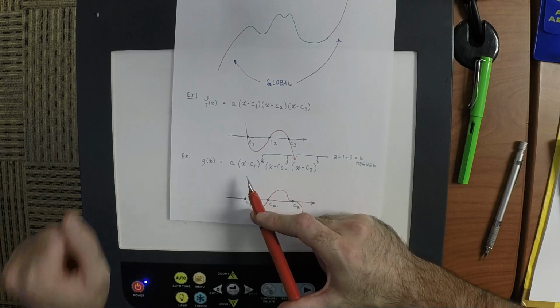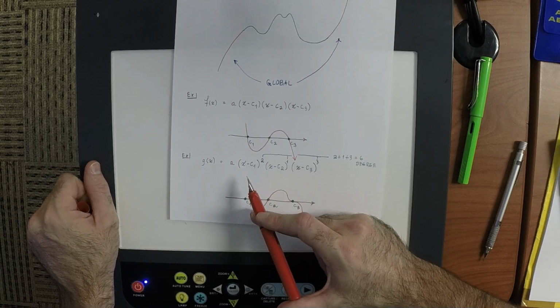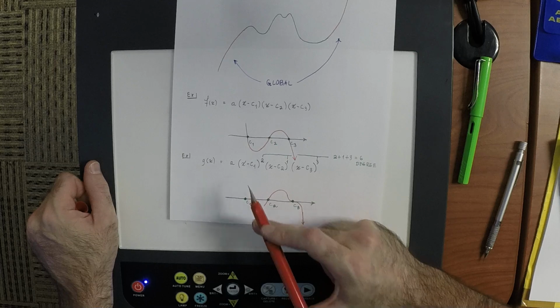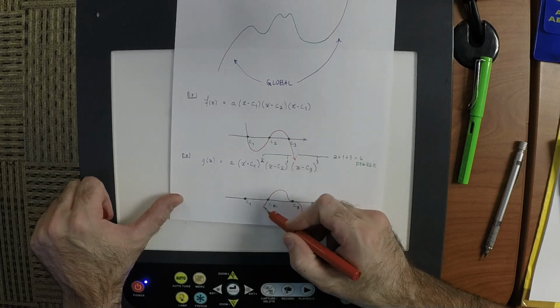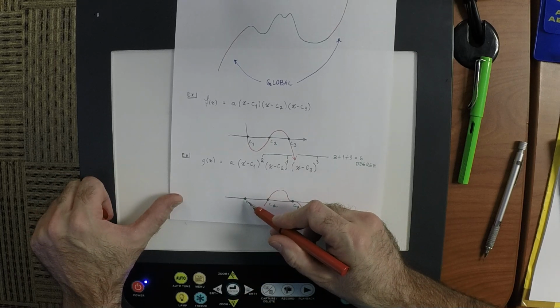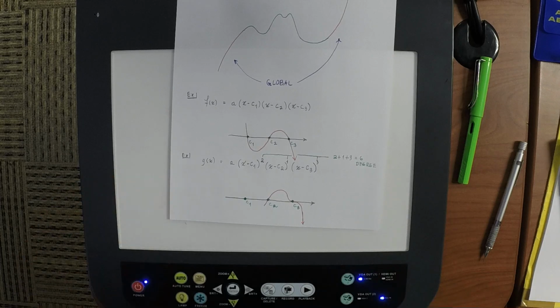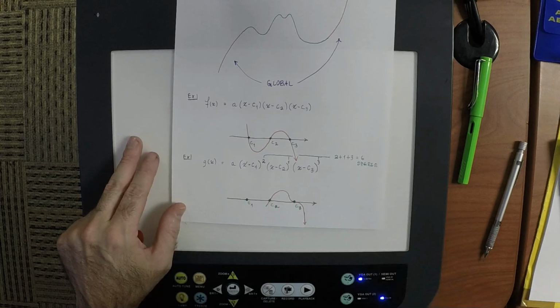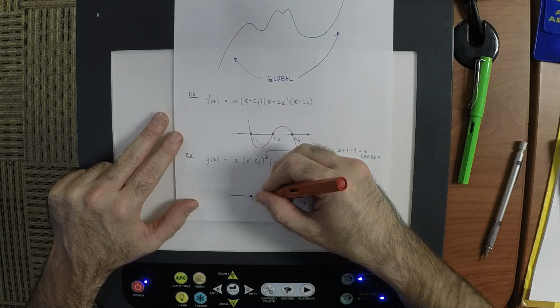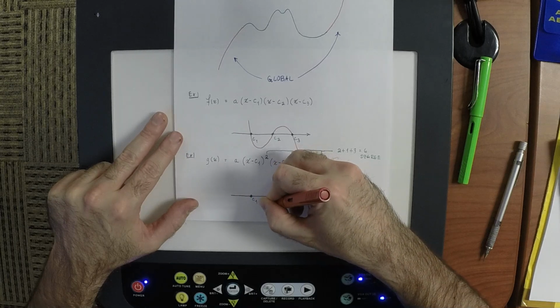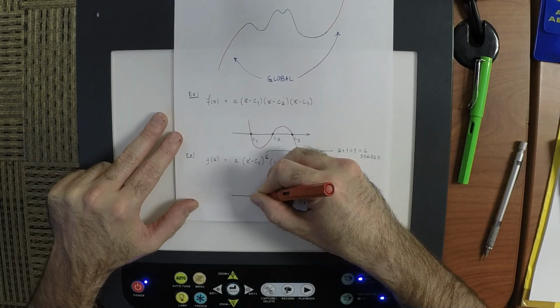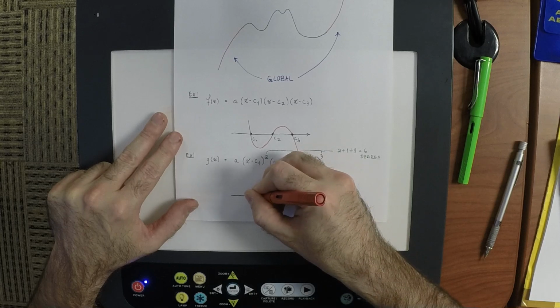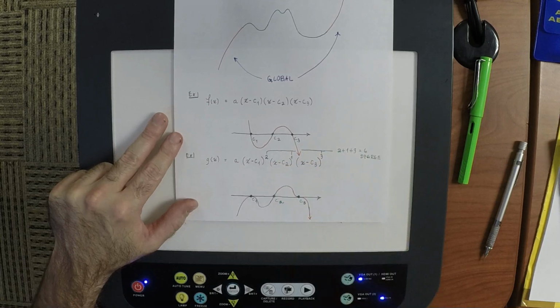Degree 2. And what do degree 2 polynomials look like? Like parabolas. So we're going to have to deal with C1, but not cross the axis, so it's going to end up looking like this. We come up to C1 like a parabola, and then go back down.